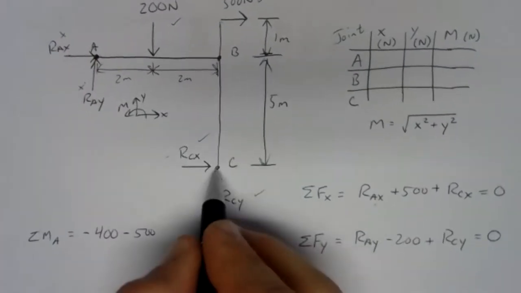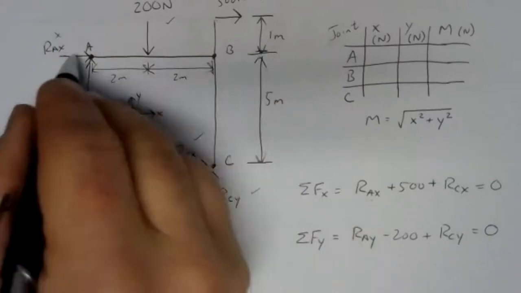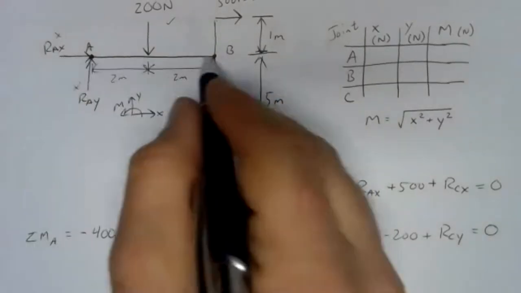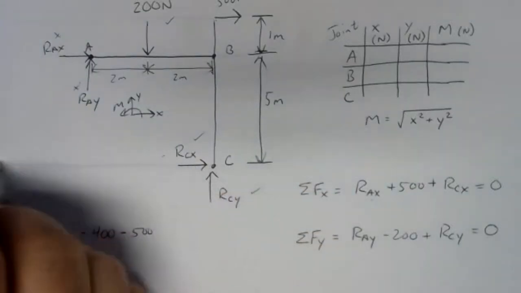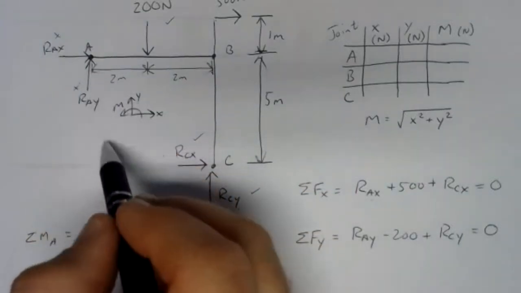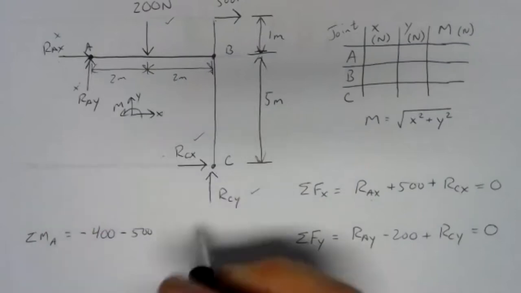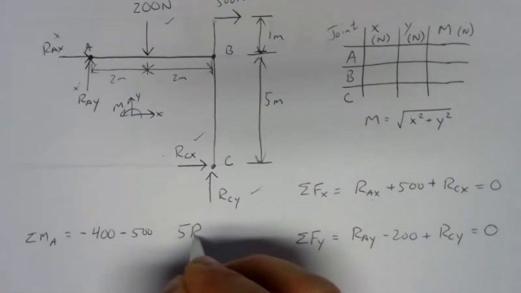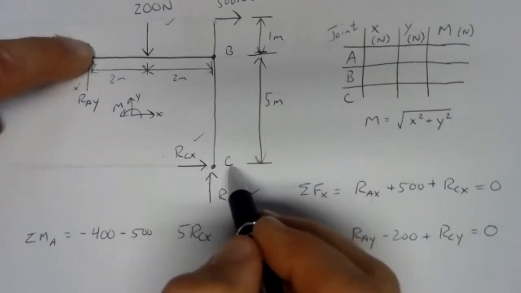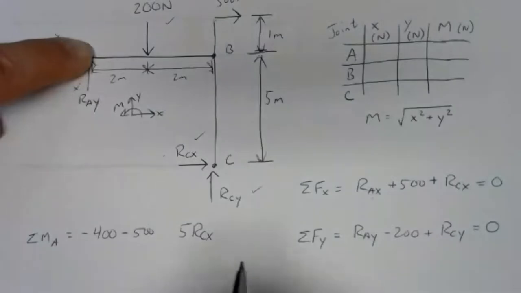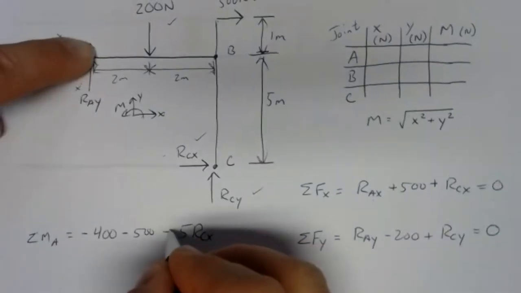Then we have RCX. RCX is 5 meters away from A. Essentially, if we bring the line of action down through like that, this distance, A to RCX's line of action, is 5 meters. So we have 5 RCX. If we pin here and we pull to the right there, that would be a counterclockwise moment. And counterclockwise moments are positive.